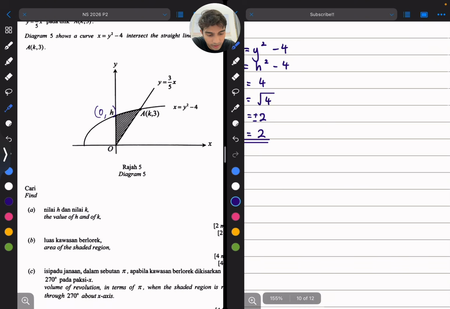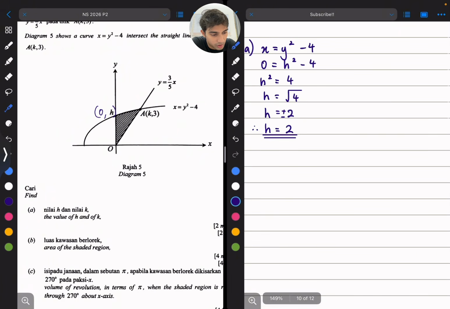Then we find k. So k is also part of the curve, so we can straight away substitute it into this equation. Or we can actually use this equation also, because this point passes through the straight line as well. So any 2 will give you the same answer. Let's just stick to the same equation, which is easier.